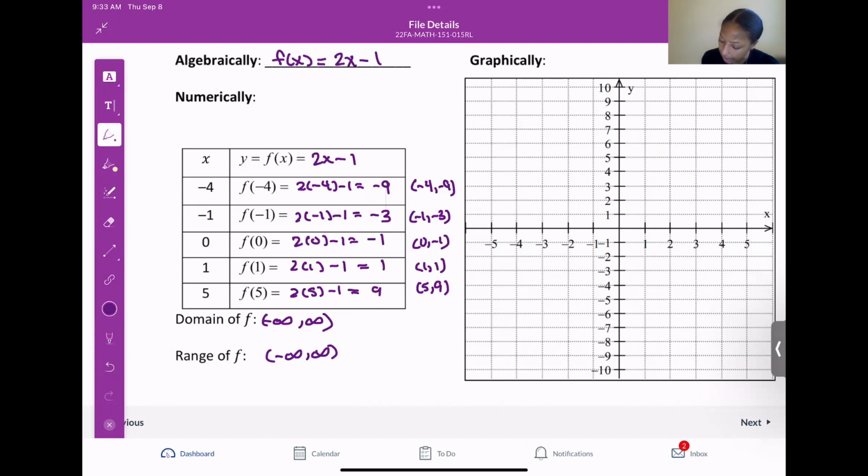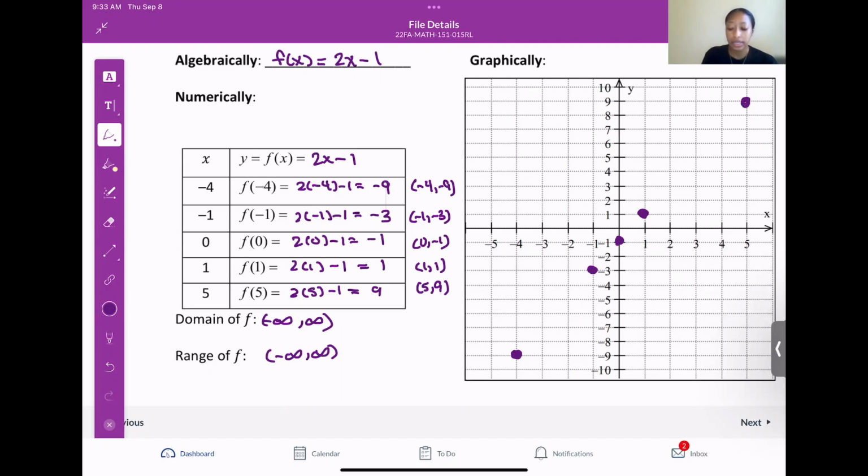All right, let's plot these points. The first one, -4, -9, sorry, would be here. The next we have -1, -3. Then next we have 0, -1. Then 1, 1. And finally 5, 9.